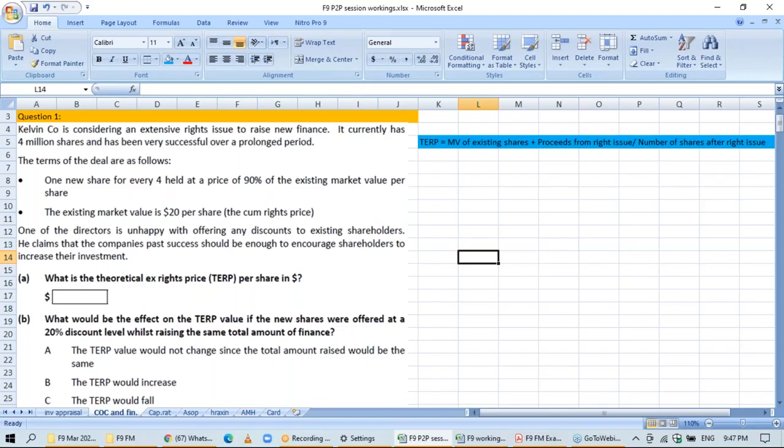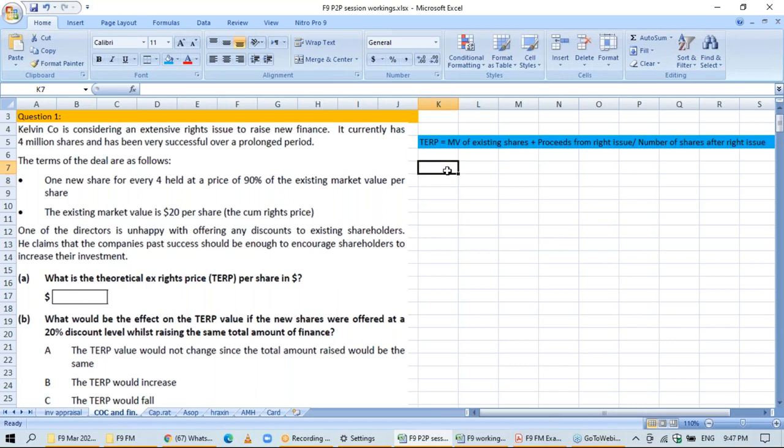Theoretical means that according to the book, according to the rule, the X-right price may not be the same as what we have calculated, but it should be the same according to the concepts. But market values usually may differ. So the theoretical X-right price is required over here.